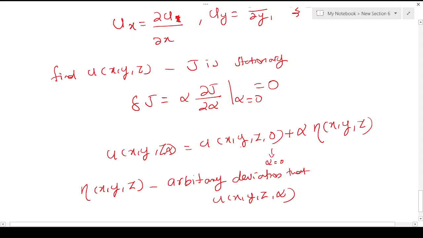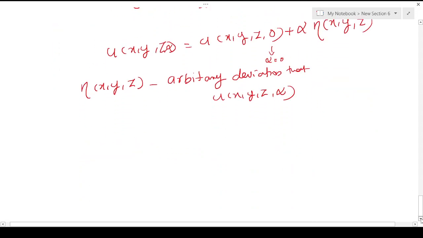Now, in order to find the variation of the function u(x, y, z, alpha), we need to differentiate. This eta of xyz should be differentiable and also should vanish at the endpoints.